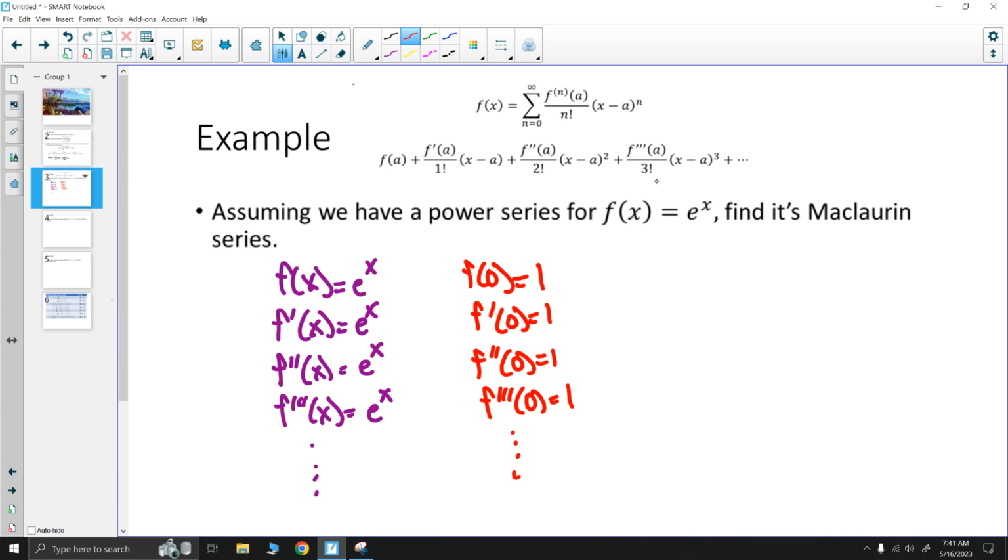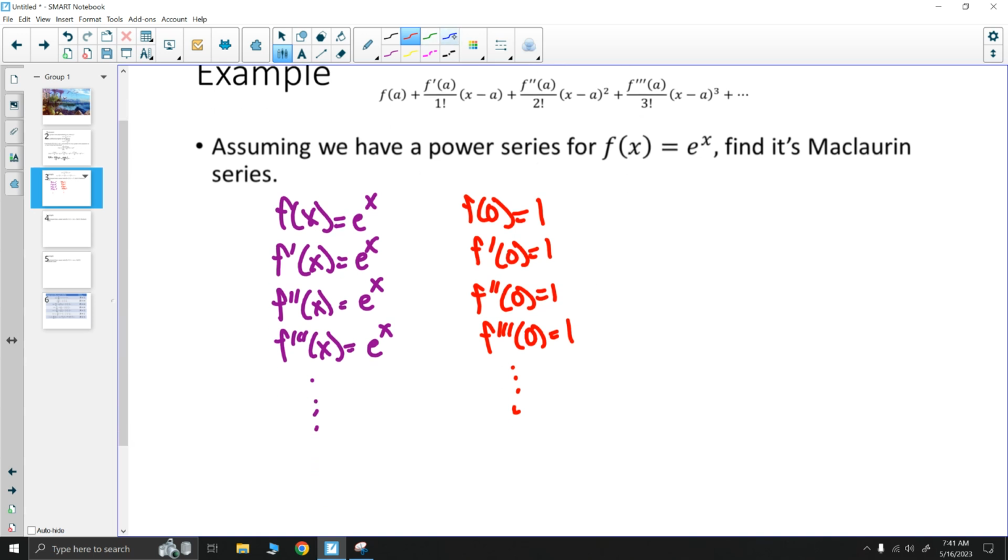Now let's plug this into our Taylor series to get our Maclaurin series. Also, this is sometimes referred to as the Taylor polynomial because it is a polynomial that goes on forever.